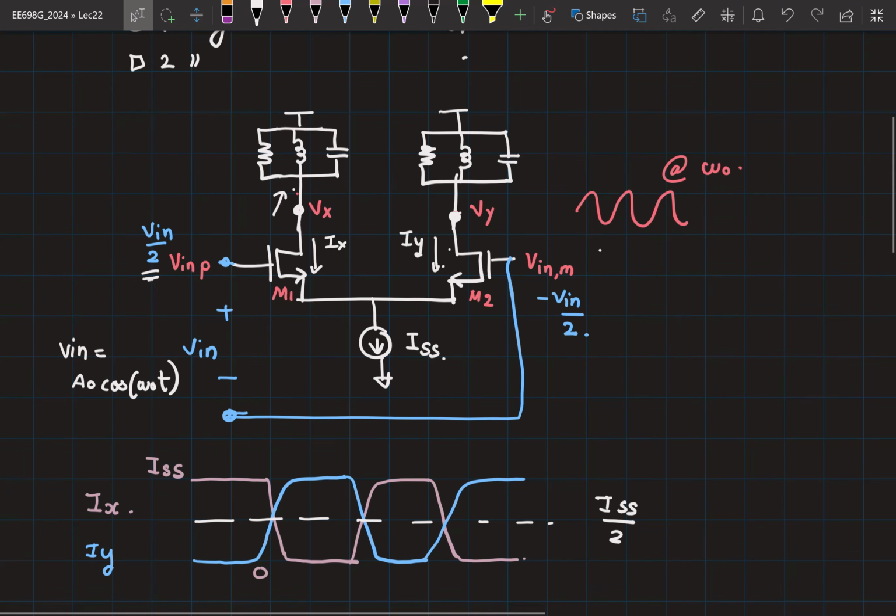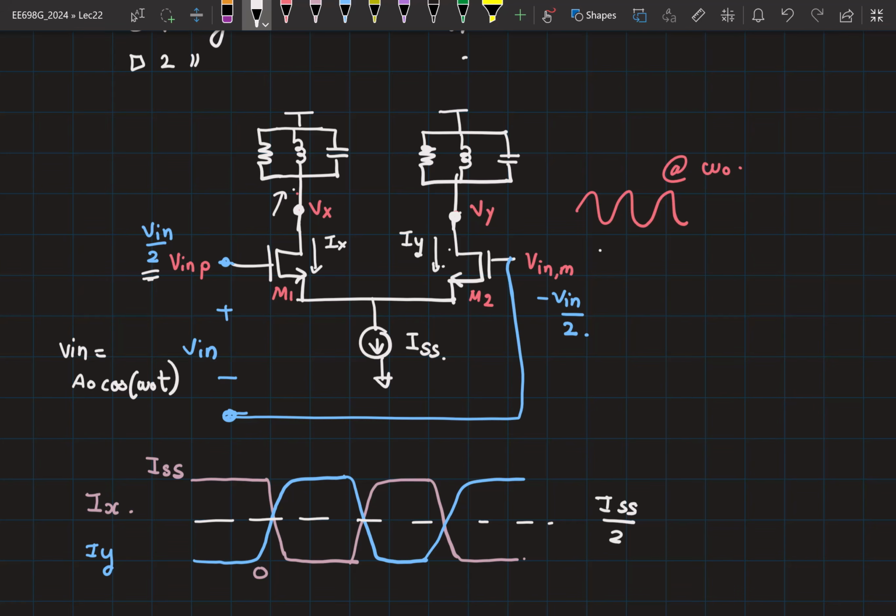So now any signal you apply at Vin at omega naught is going to cause some current through the transistors M1 and M2, and that is going to be periodic at omega naught, which means it will have some fundamental at omega naught, possibly some DC value, as well as higher order harmonics.